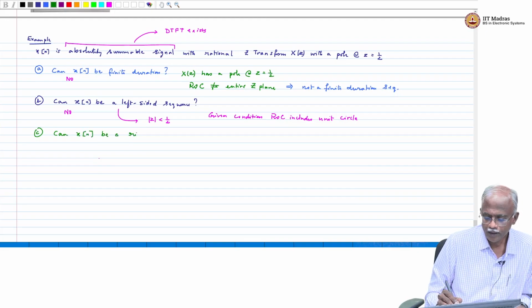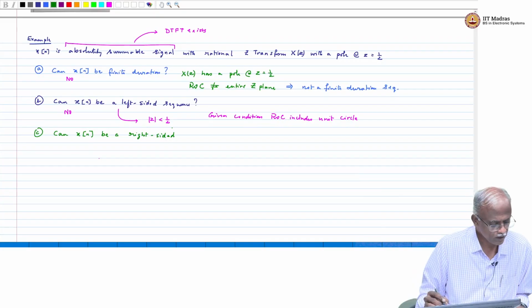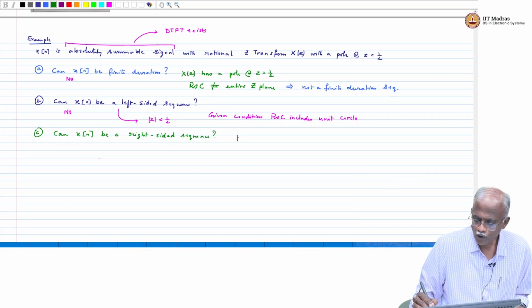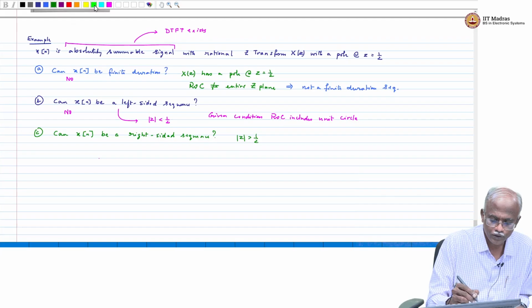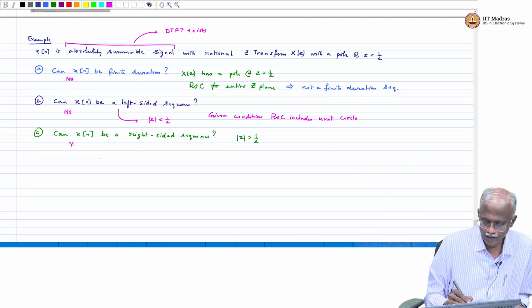Answer is yes. The region of convergence could include the unit circle. For example, mod z greater than 1/2 is perfectly allowed. So this is a yes.